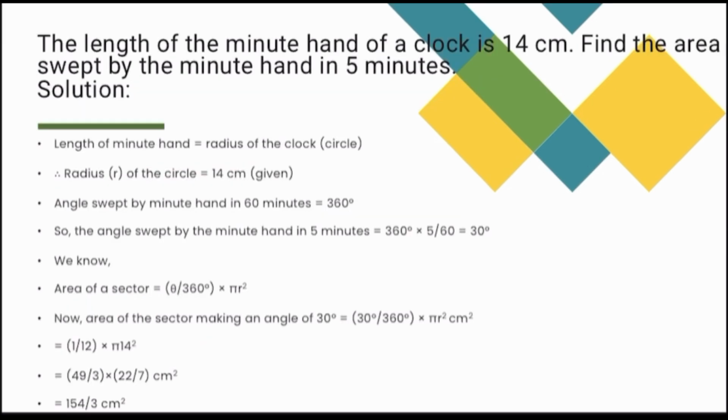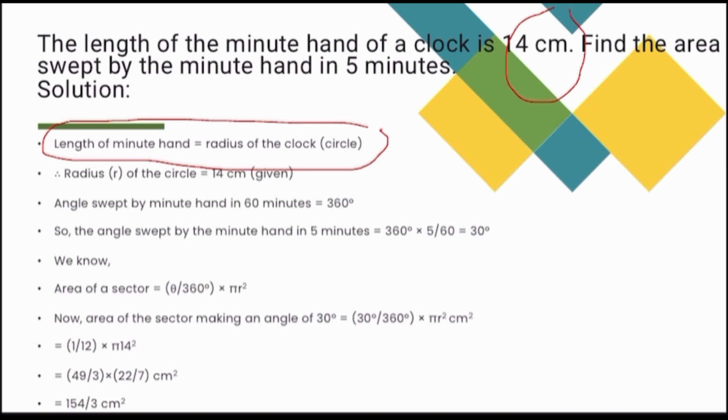So let's do this question as well. The length of the minute hand of a clock is 14 centimeter. Find the area swept by the minute hand in 5 minutes. You have to see here that the length of the minute hand of the clock is equal to the radius of the clock. So the radius is 14 centimeter. The angle swept by the minute hand in 60 minutes is 360.